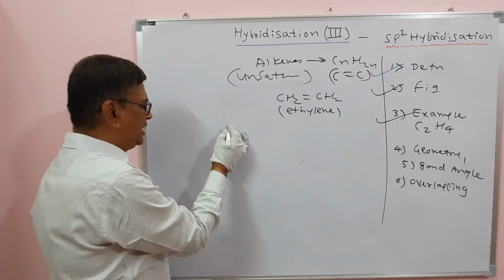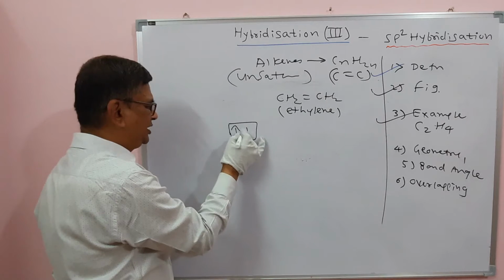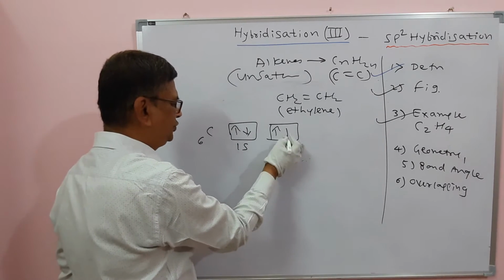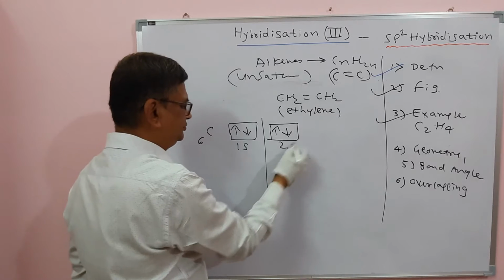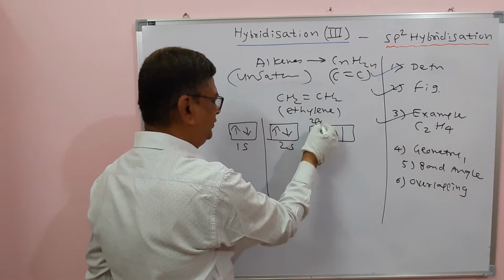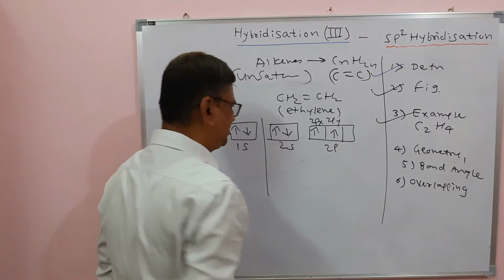We already know the carbon atom, with atomic number 6, has this configuration in the ground state: 1s2, 2s2 and 2p2, that is 2px1, 2py1 and 2pz0.